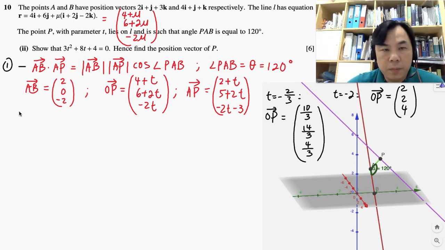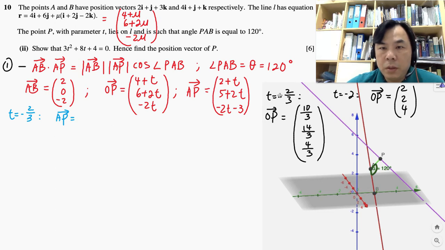Now let's start from t equal to -2/3. For this, we have AB here, still the same. The only one that we need to work with is AP. Okay, let's look at AP.